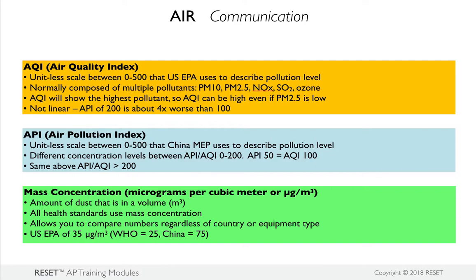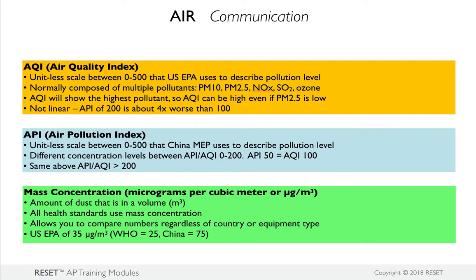It's a unitless scale. In this case, the AQI that the EPA uses to just describe a general air pollution level. And as mentioned, it's made up of those pollutants on the previous slide. And it will show the highest pollutants. So the AQI can be high even if particulate matter is low.